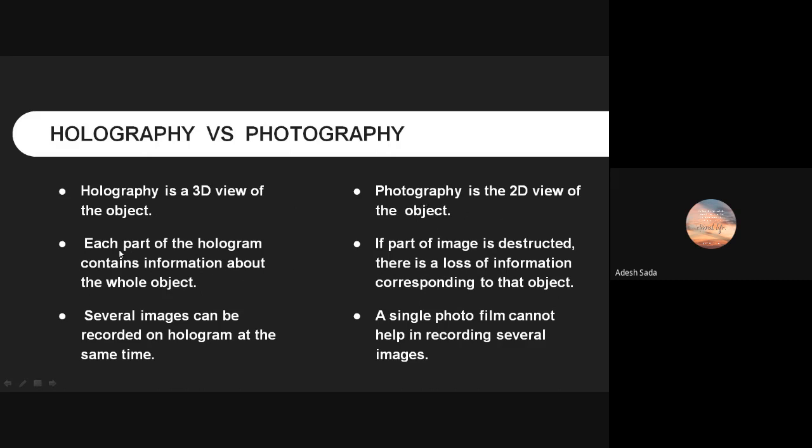One of the significant and dominant factors of holography is that each part of the hologram contains information about the whole object, which makes it superior to photography. In photography, when a part of the image is distorted, there is a loss of information corresponding to that particular object. Also, several images can be recorded at the same time, whereas a single photo film cannot record several images.